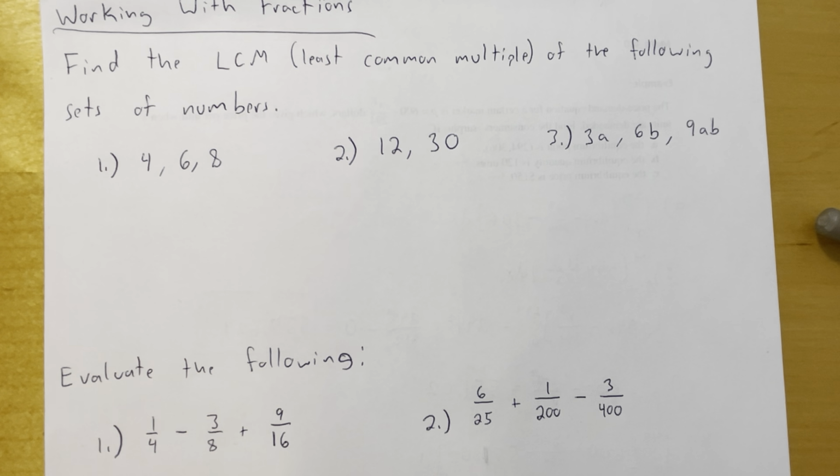In pre-algebra, you're taught how to do this by breaking numbers down into factor trees and then finding prime factorizations and then using that to construct a least common multiple. And that's an important technique to know. It's good, it works. It is way too time consuming for what we're doing in this class.